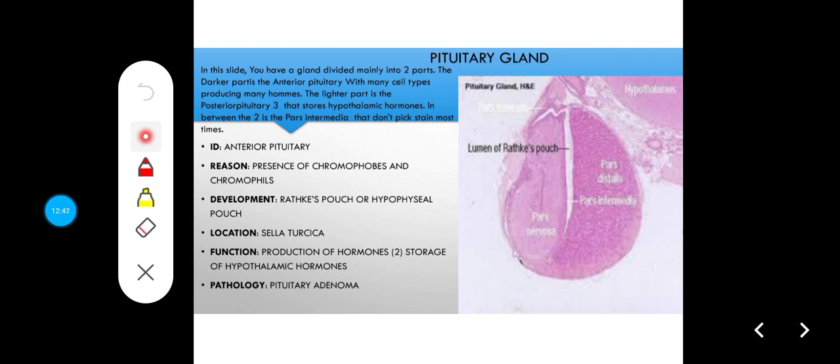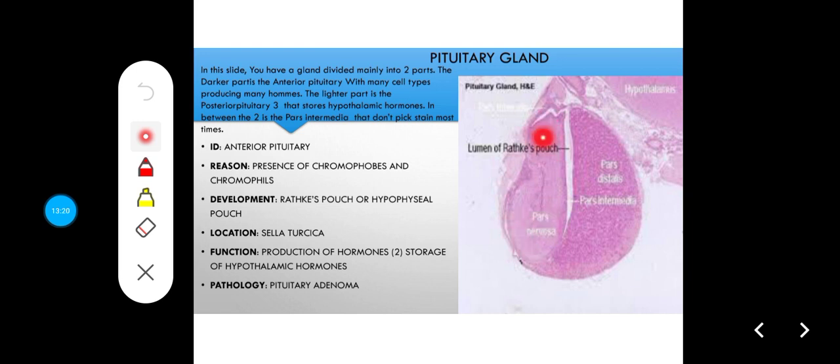So in the slide of the pituitary gland, you most likely see the anterior pituitary, which is the pars distalis, and it is well stained because it contains numerous cells. And then the posterior pituitary, which doesn't stain as much because it contains more unmyelinated nerve fibers. In between the nerve fibers, you'll see some supporting cells called pituicytes.